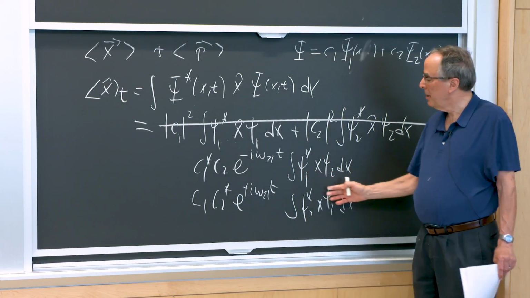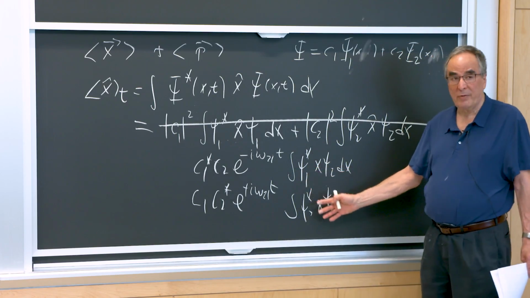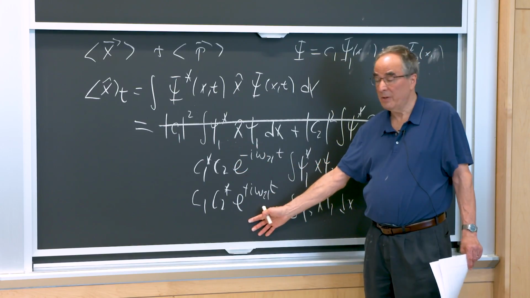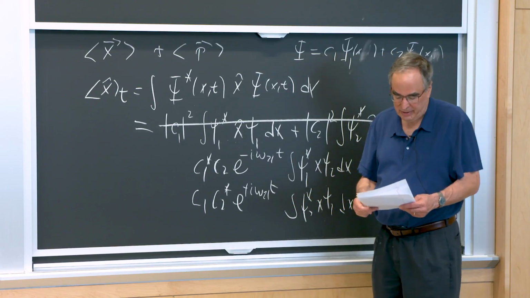And now we have motion of the expectation value, which is described by these two terms. Again, they're the complex conjugate of each other.